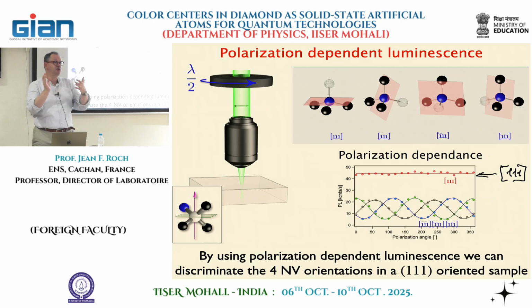Basically, this modulation tells you which family you address between the three other families and the 111. So using this trick, I can really know which family of NV center I am addressing in my compound, just due to this orbital averaging effect of the NV that leads to emission along two dipoles. So this is important at that point.